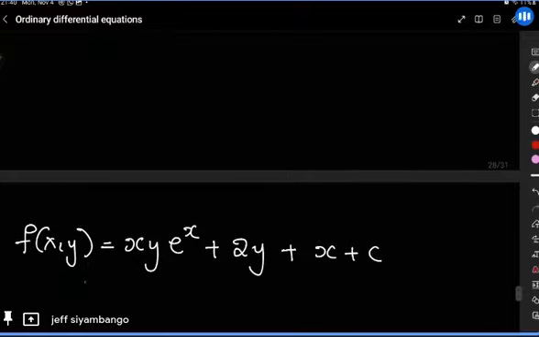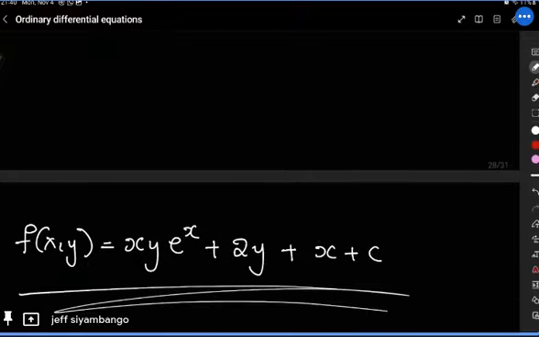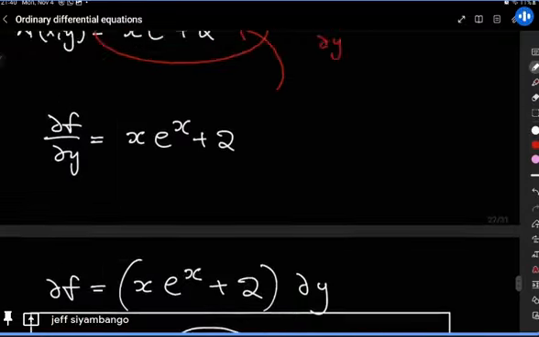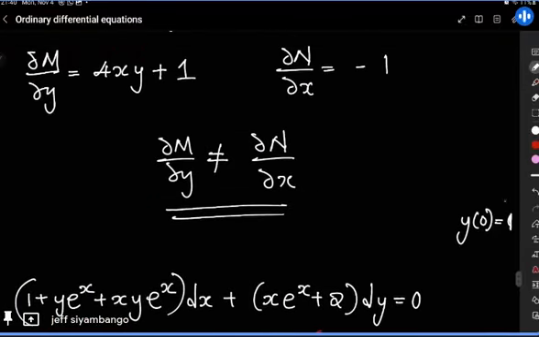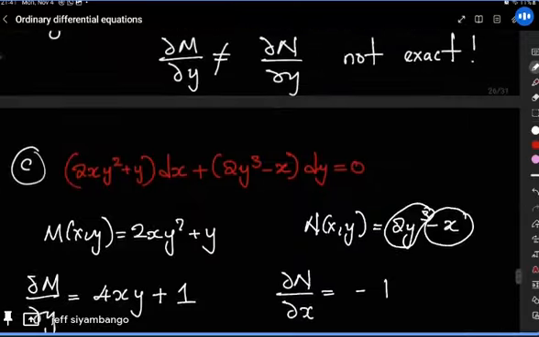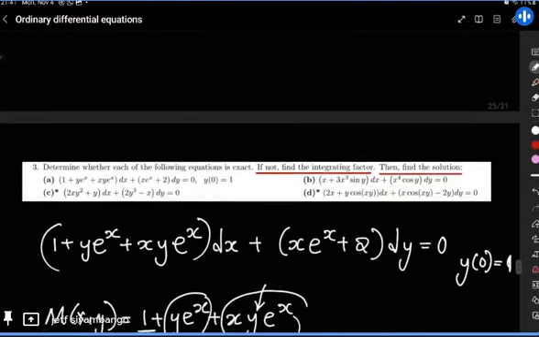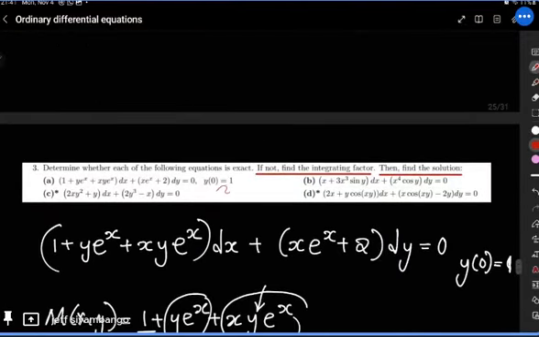Now, this is fine in most cases, but they gave us a condition. What was the condition? The condition in the problem, which is this one, y of 0 is equal to 1. Now let's find it in the problem. Y of 0 is equal to 1.